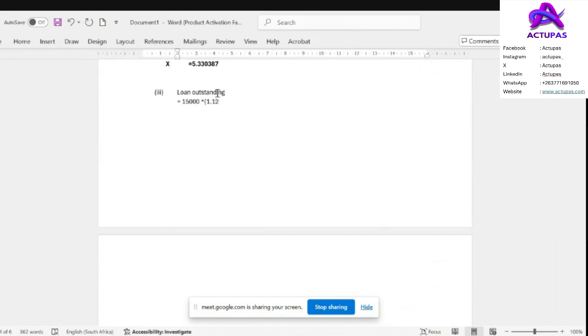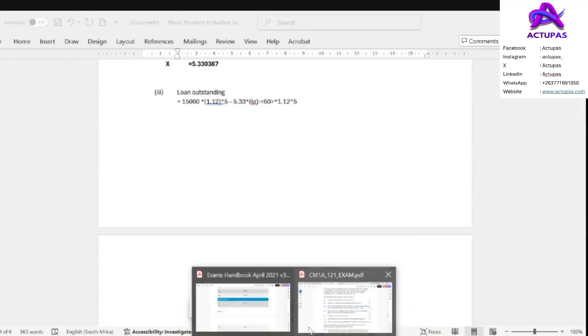So this is 1.12 to the power 5 minus the installments made so far, 5.33 by increasing annuity, this would be 60 installments made times 1.12 times 1.12 to the power 5, because this part we have discounted, and then accumulate to the end of 2026. So this is the equation.